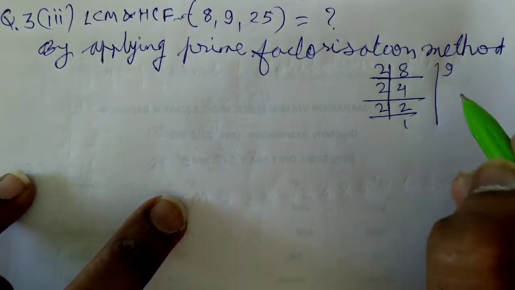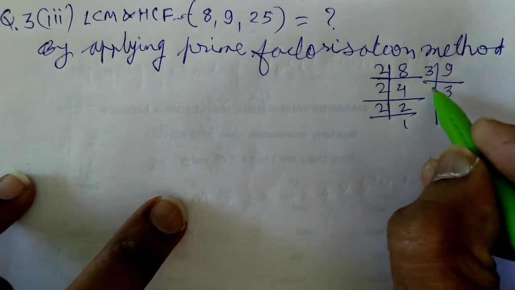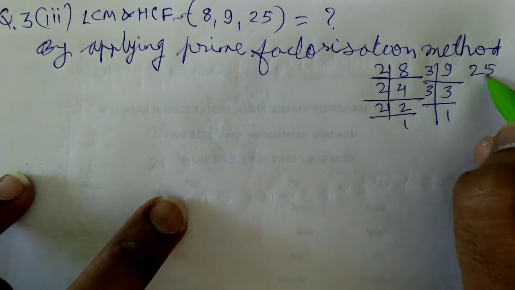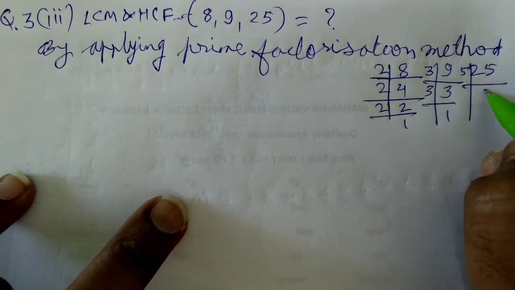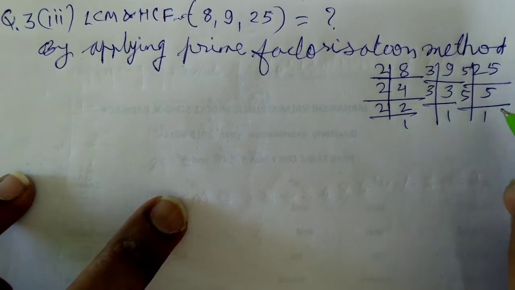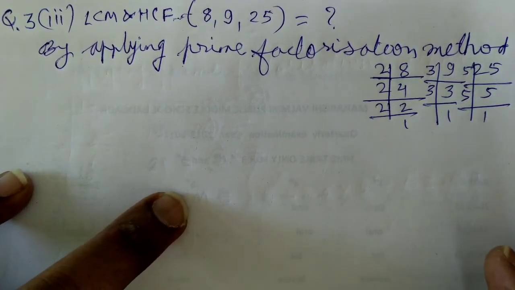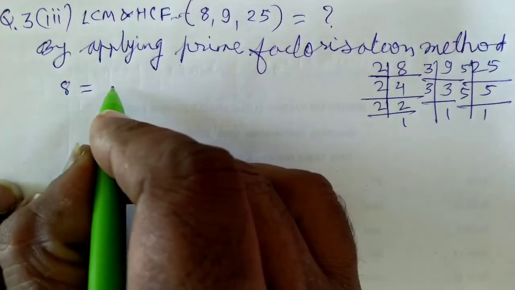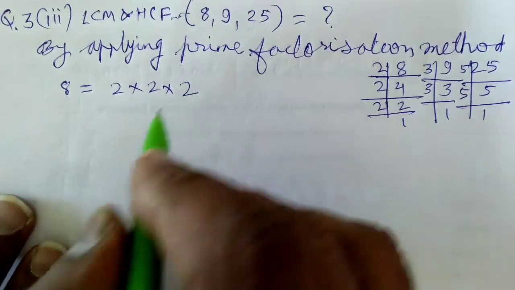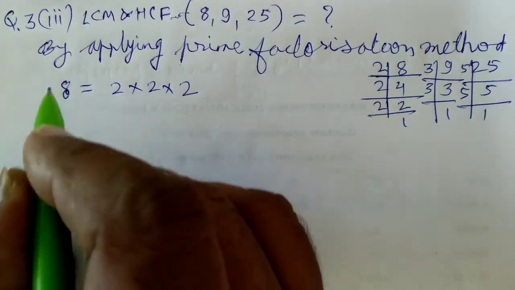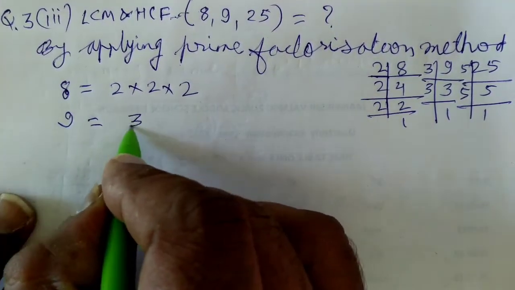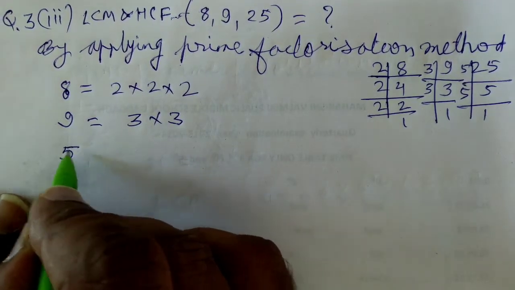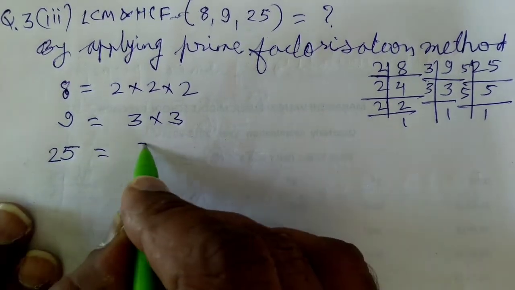Similarly 9: 3 threes are 9, 3 ones are 3. And similarly 25: 5 fives are 25. So prime factors of 8 are 2 into 2 into 2, prime factors of 9 are 3 into 3, and prime factors of 25 are 5 into 5.